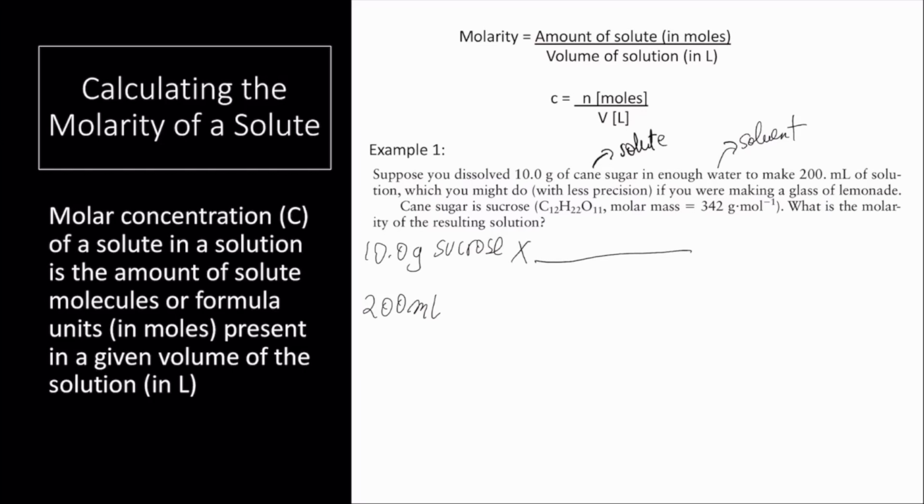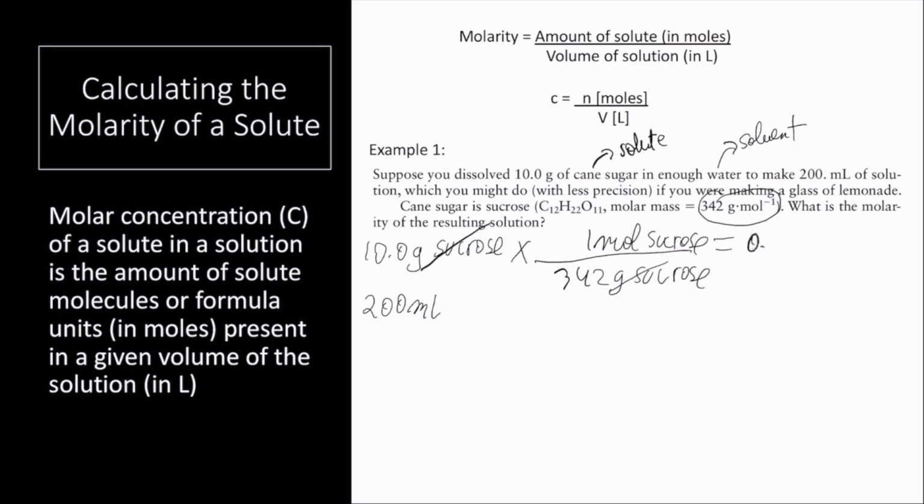So to convert the 10 grams of sucrose into number of moles, we use the given molar mass. So 10 grams divided by 342 grams of sucrose for every 1 mole of sucrose. The units of grams go away and we're left with units of moles. Notice that we start with 3 significant figures, so we must end with 3 significant figures.